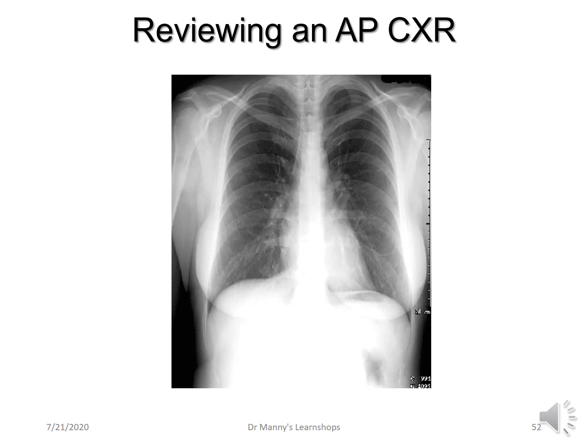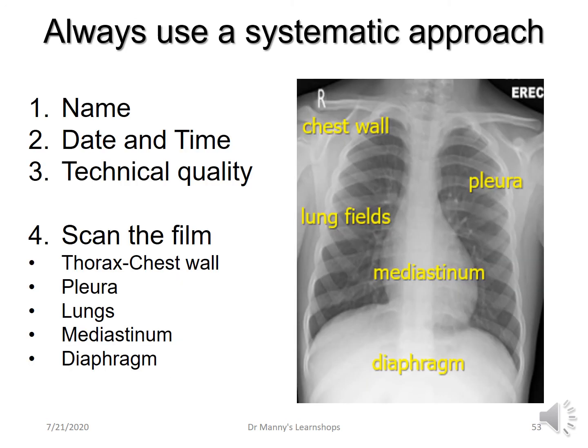Now let's review what an AP film chest X-ray should encompass. Remember, always use a systematic approach. Write patient identified. Date, time, correct. The technical quality, which we've just reviewed. Always scan the film from the outside in. Thorax, chest, pleura, lungs, mediastinum, heart, diaphragm, and organs that should be situated below.